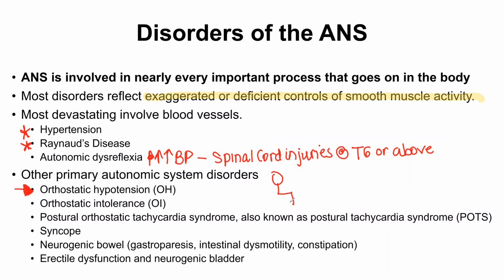this is the way that I like to explain it, if you're sitting in a chair, or if you are laying in bed and then all of a sudden you stand up.